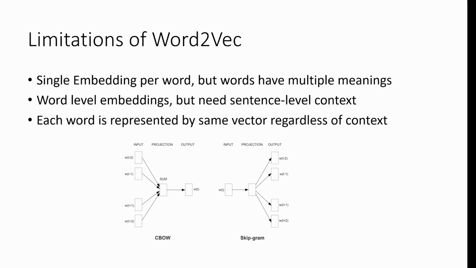And Word2Vec also created word-level embeddings, but for language, we need sentence-level context. And also Word2Vec represented each word as the same vector regardless of the context it was in. So it's obvious it has its limitations understanding language.